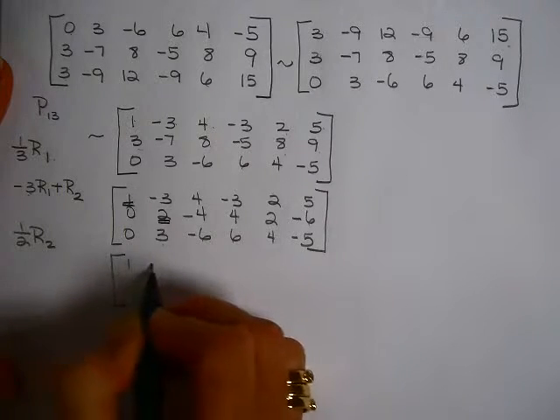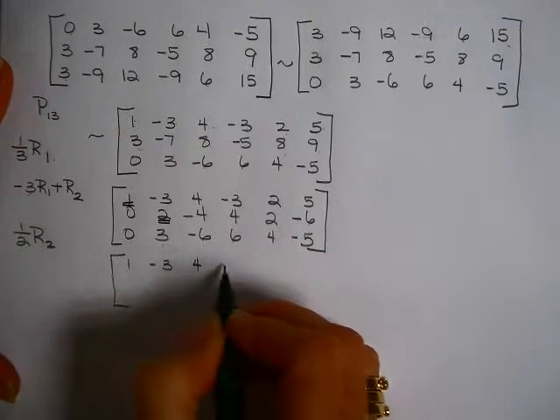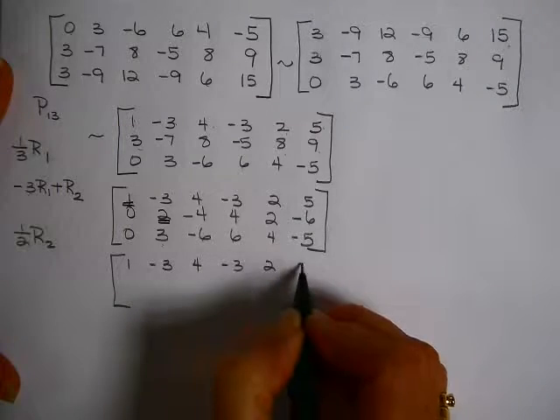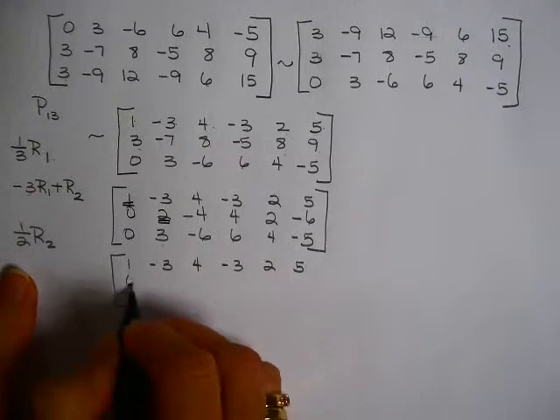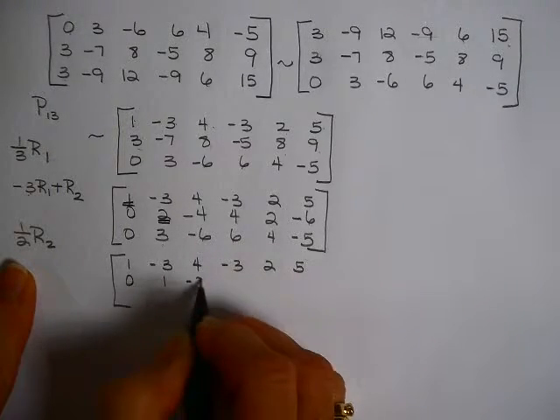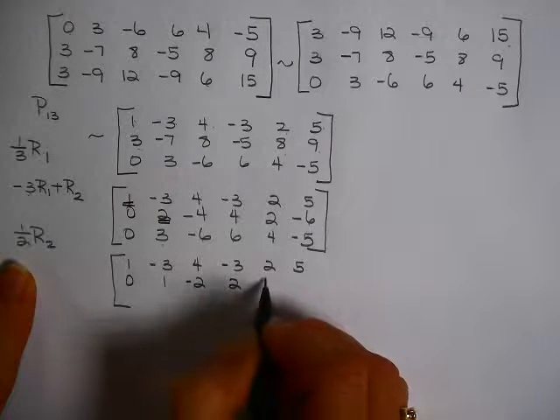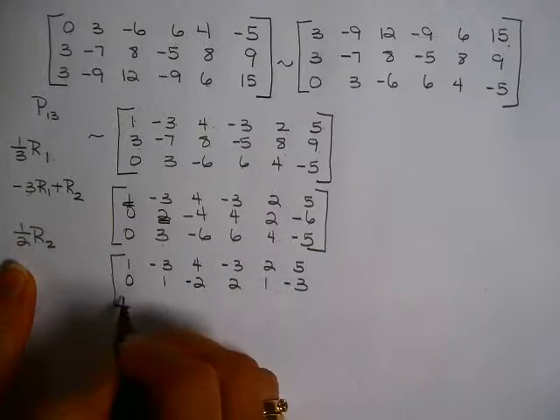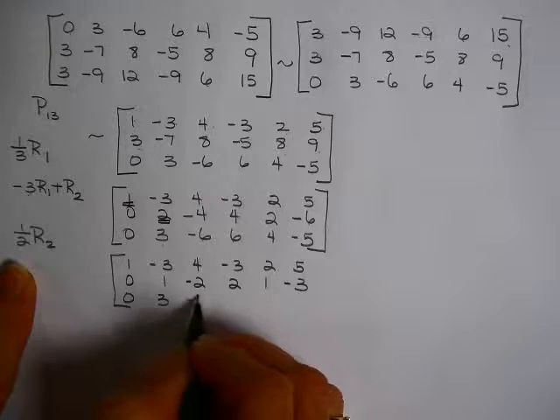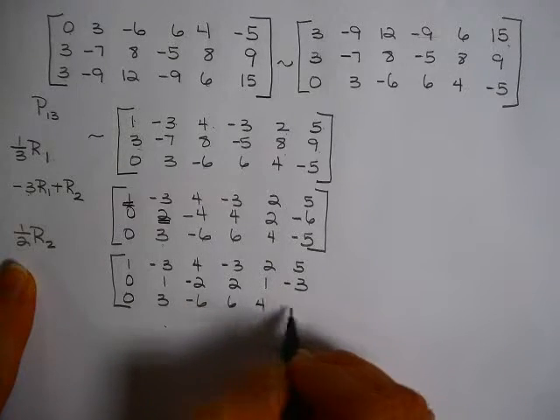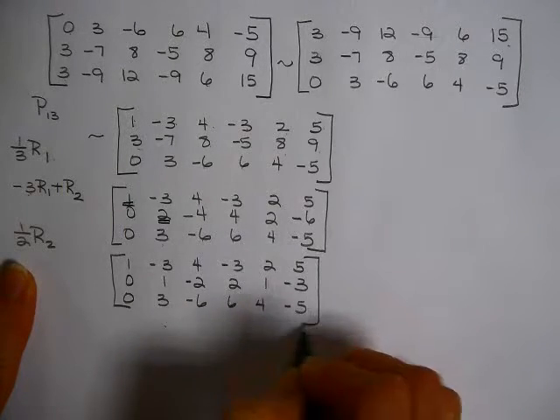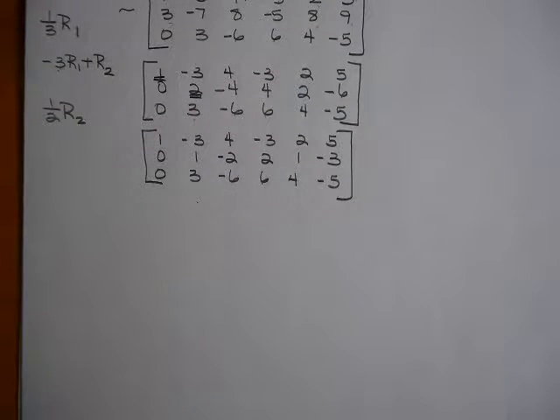So you have 1, -3. This row does not change. 1/2 times row 2 is 0, 1, -2, positive 2, 1, and -3. Okay.